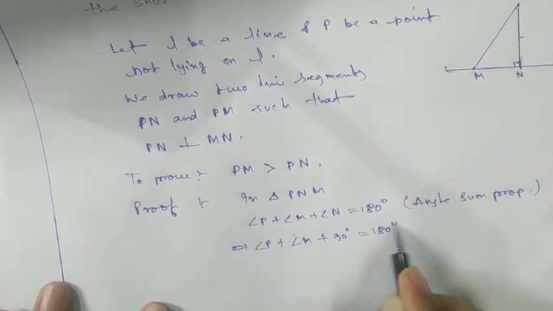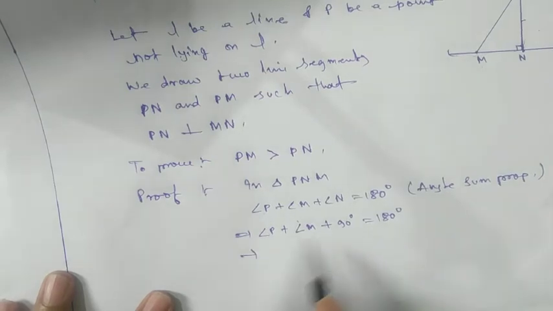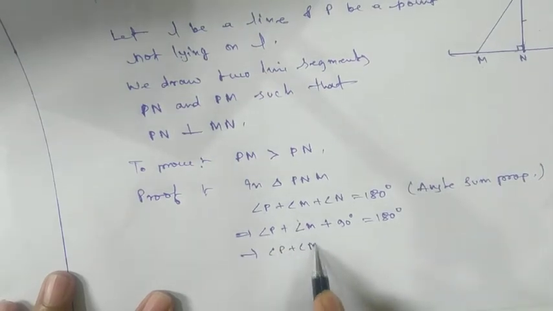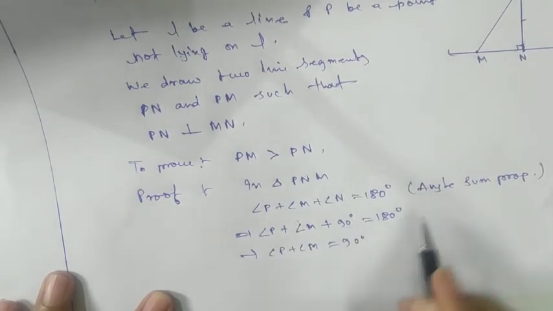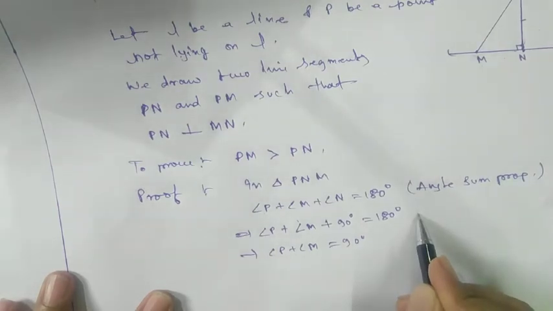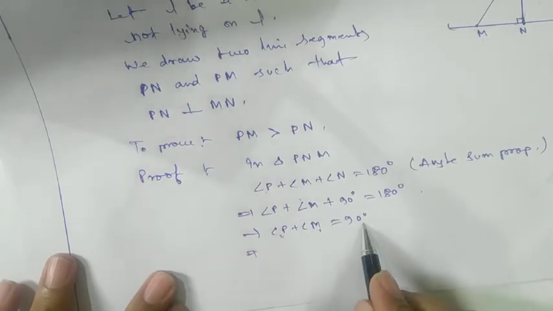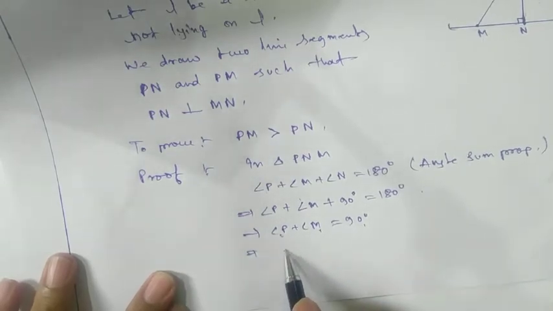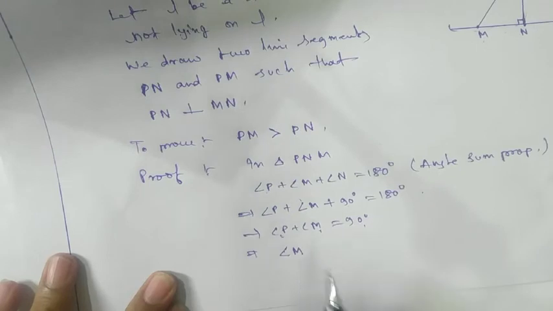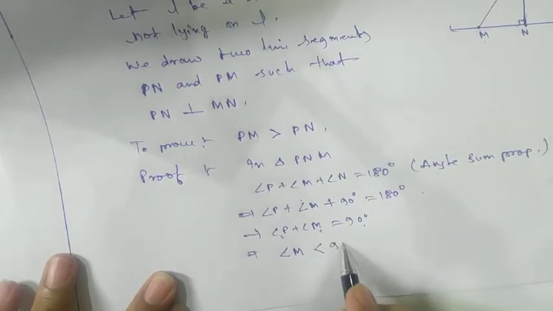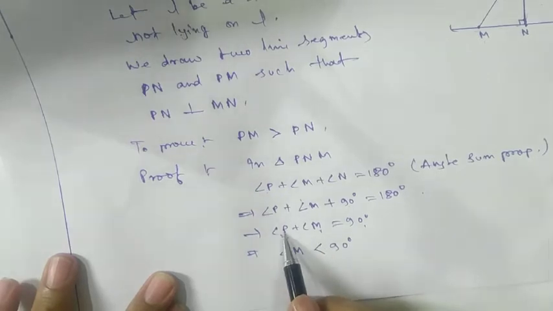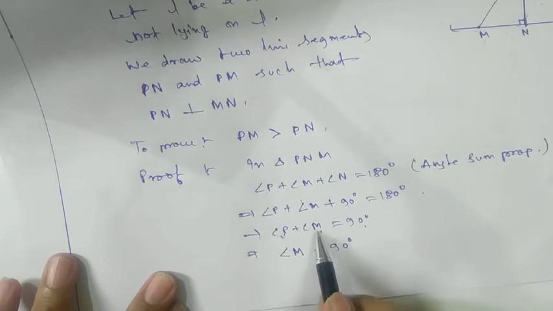Now see, the sum of two angles gives you 90 degree. That means angle M must be less than 90 degree. Why? Angle P must be something more than 0 degree. So here angle M must be less than 90 degree.